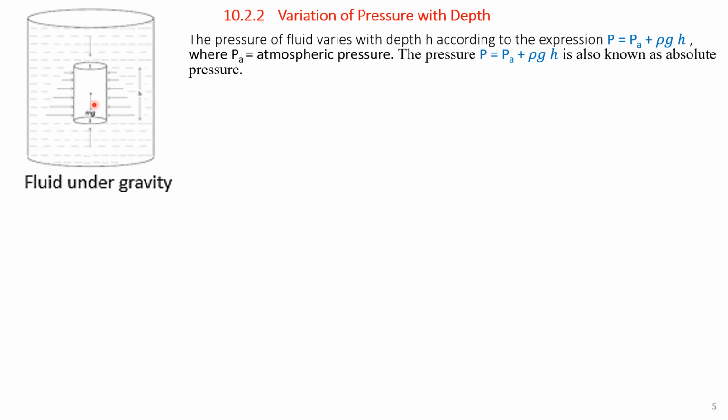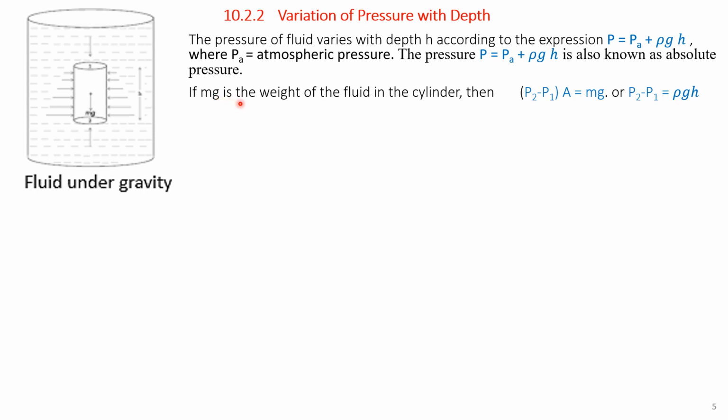As the fluid is at rest, the resultant force should be zero, and the resultant vertical forces should balance the weight of the element. The forces acting in the vertical direction are due to fluid pressure: P1 times A at the top acting downwards, and P2 times A acting upwards.